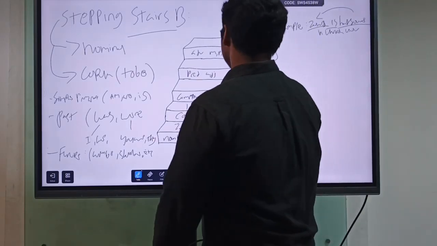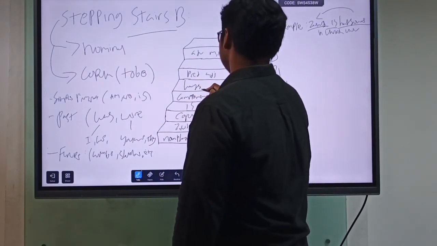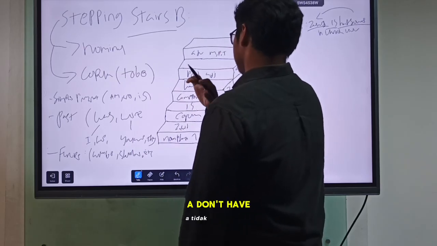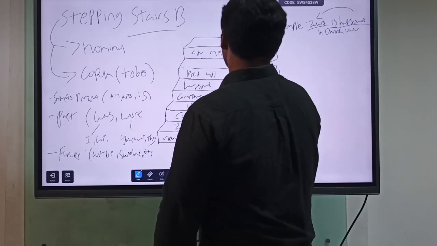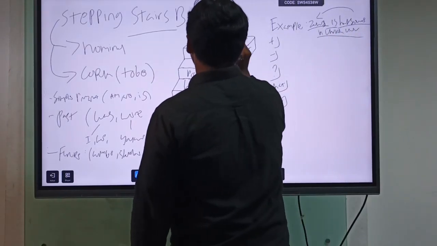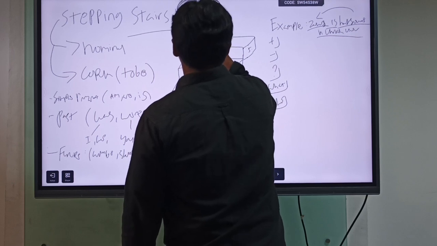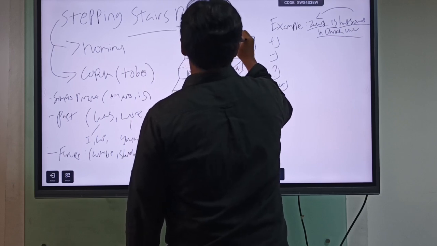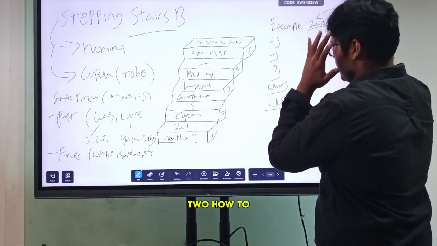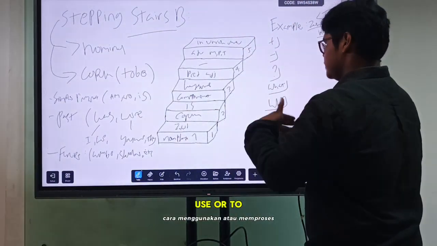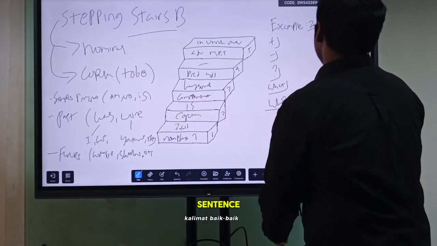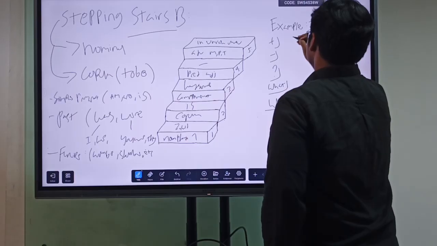Zahid is handsome, so the complement is handsome. Because the sentence does not have a predicate adjective, we can proceed. Next, in our university is the place. In Umrah unit. Alright. This is how to process the stepping stairs to make a sentence.